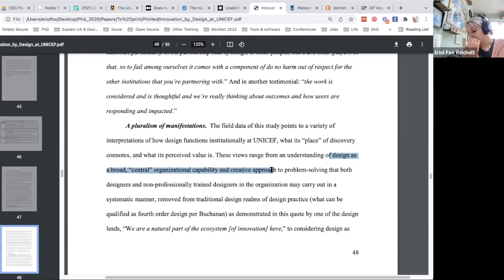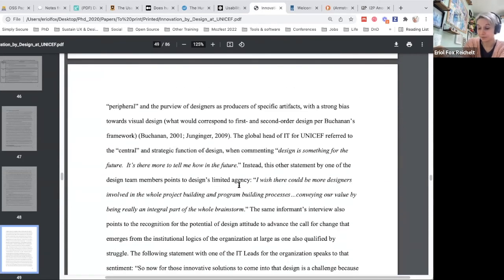There's then some discussion after that about creative approach to problem solving, which both designers and non-professionally trained designers in the organization might carry out in a systematic manner. So it's interesting that people are involved in the design process. They should be co-design, like participatory action research, all this kind of stuff, and collaboration that we noticed earlier. So it makes a lot of sense.